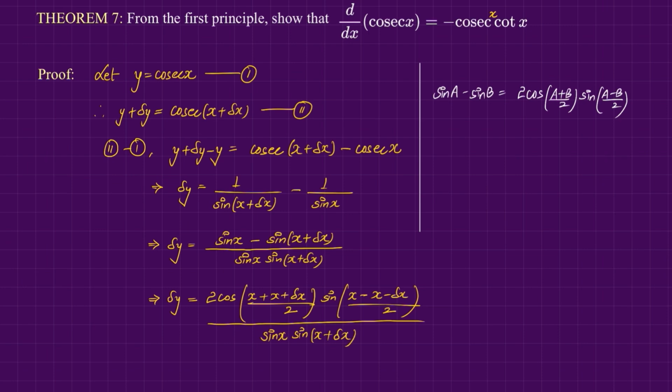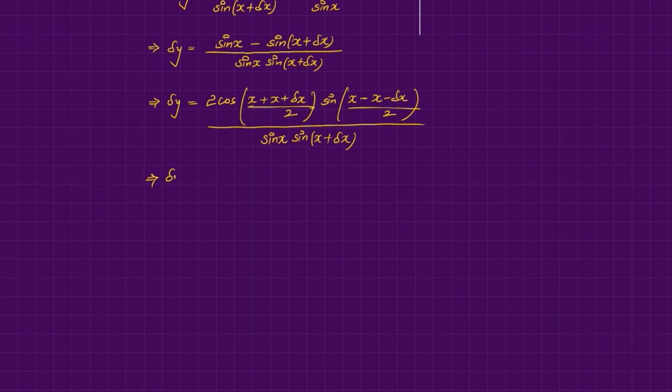Okay, we will further simplify. Delta y equals to 2 cos of 2x plus delta x by 2 sine of minus delta x by 2 whole divided by sine of x plus delta x.